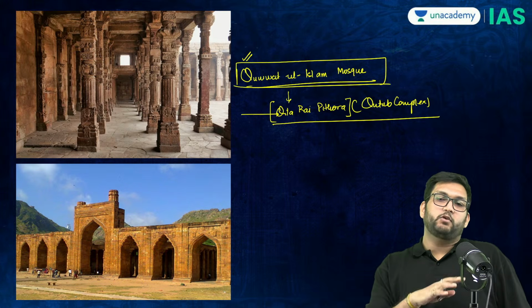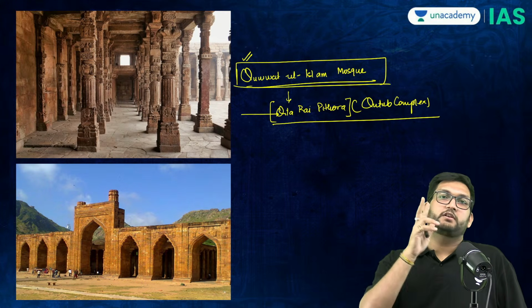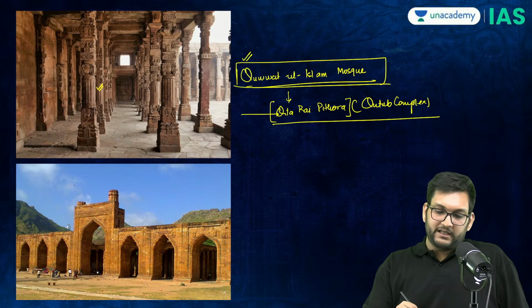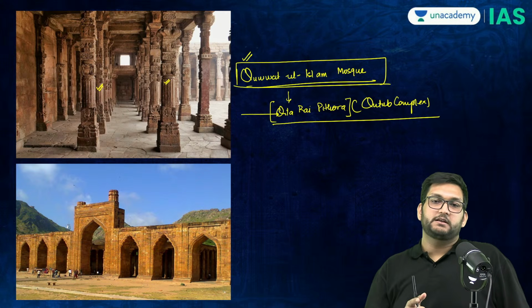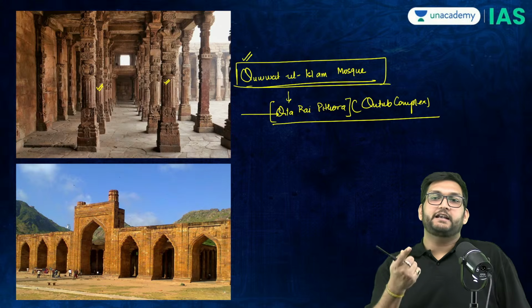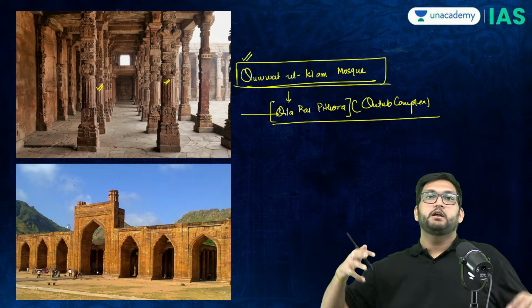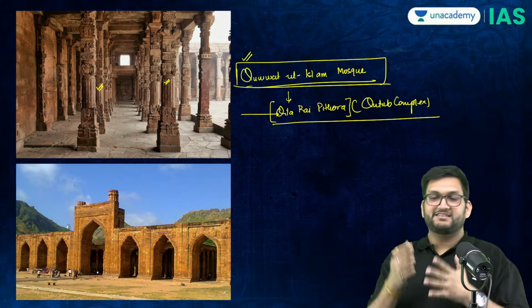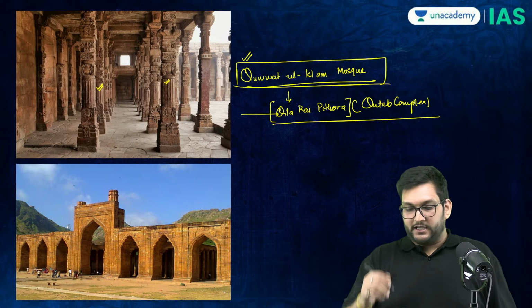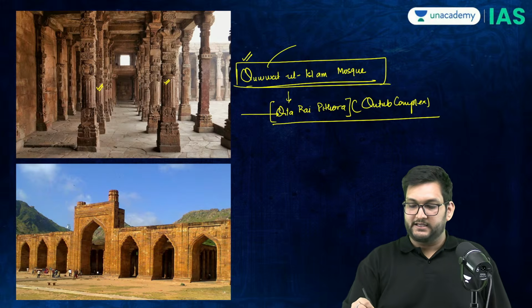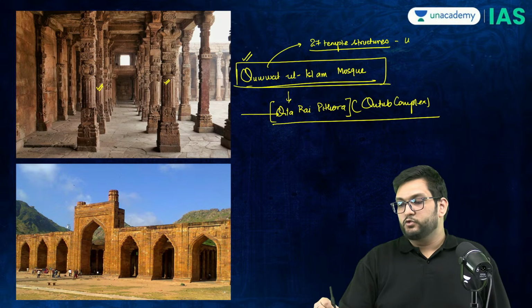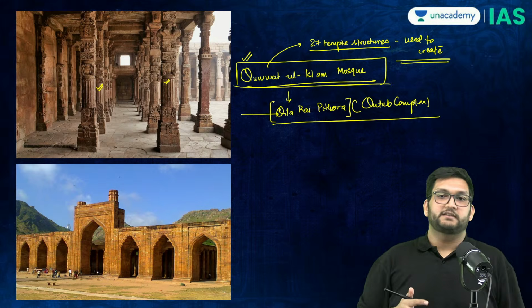Now, if you look at the mosque, automatically you will know that it's based on reuse, because the pillars are temple pillars, and the pillars are indicative of a structure which is not consonant with mosques. Mosques are based on very open halls. This is a pillared hall. This is because next to the Quwwat ul Islam Mosque, there is a mention that 27 temple structures were used to create this structure itself.